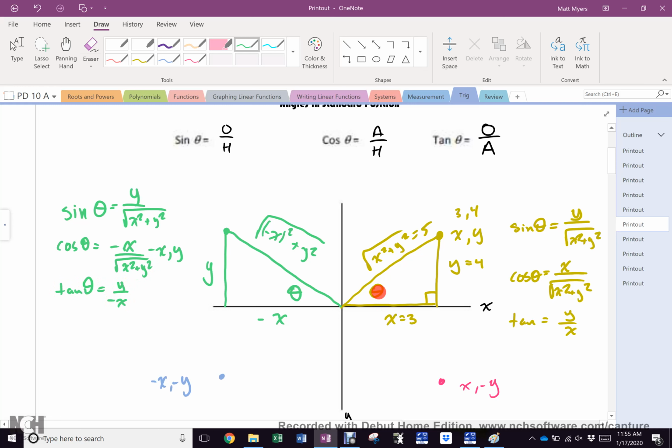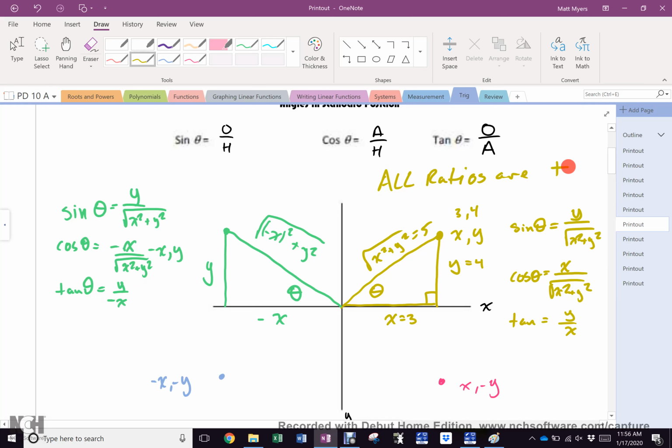Now look at this carefully. In the gold theta, what did you notice about all our values? They're all positive. What happened for green theta? The x's are negative, so anything involving an x is going to be a negative value, right? What's the only thing that doesn't involve an x here? Sine, cos, or tan. So over here, all ratios are what?